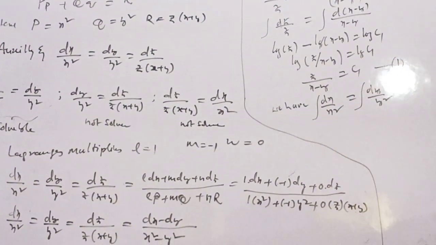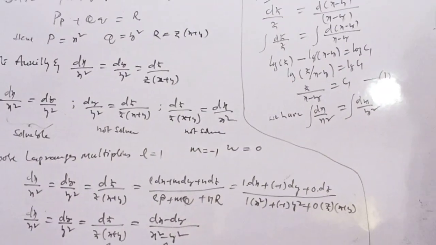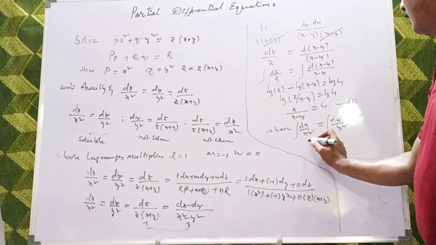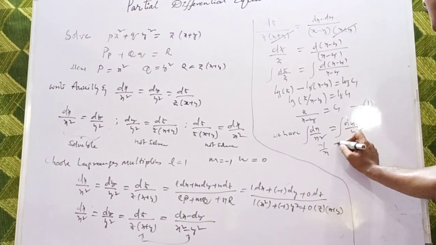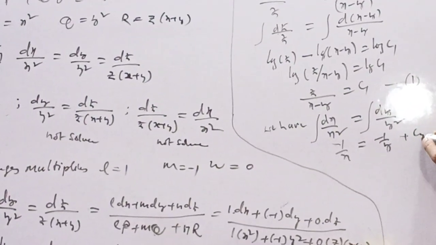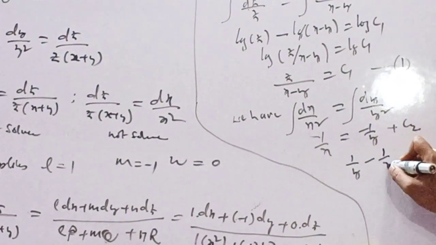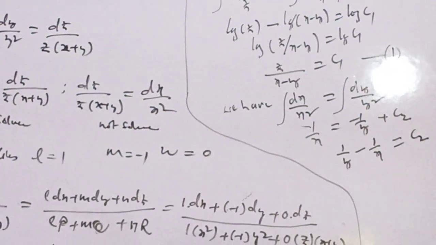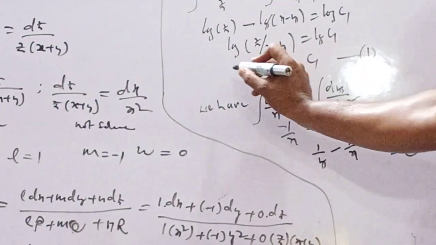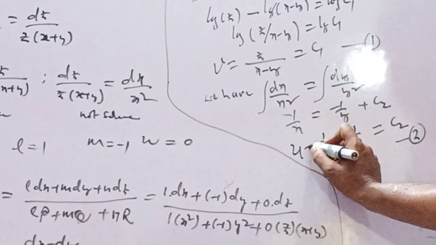Integral of 1 by x square means x to the power of -2 plus 1, so that is -1 by x, equal to -1 by y plus constant c2. Or you write 1 by y minus 1 by x equal to c2. This is 2. So this is u and this is v.